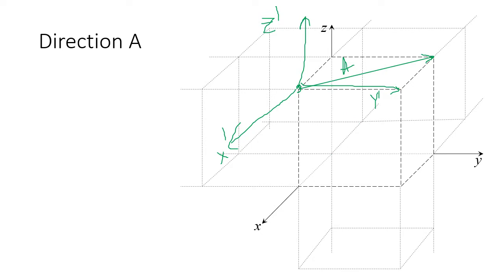So if I translate this tail of the direction at this point at the origin, then the tip of this direction gets translated at that corner. Okay, so after translating, this will become direction A. Okay?